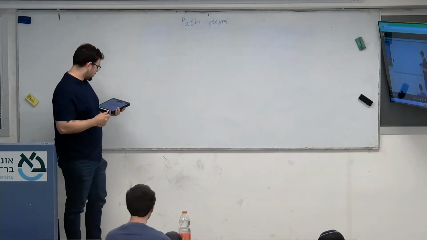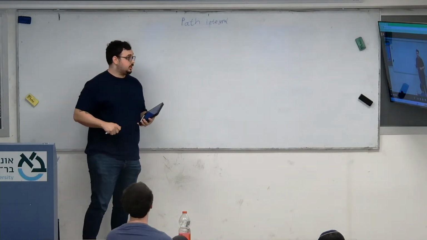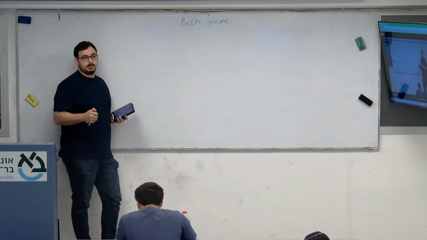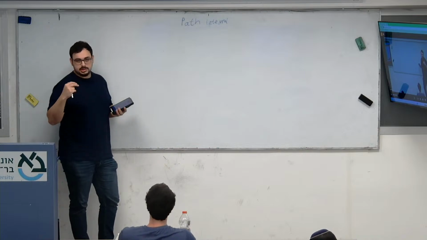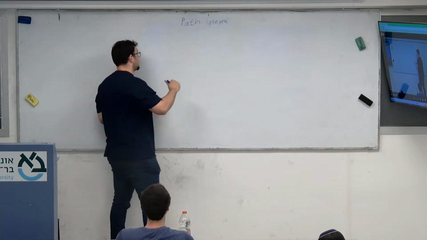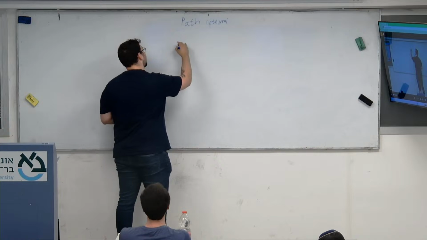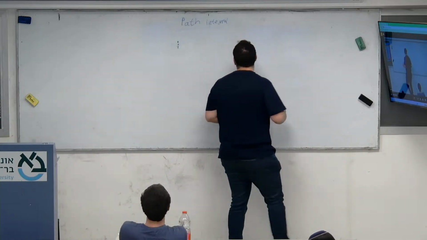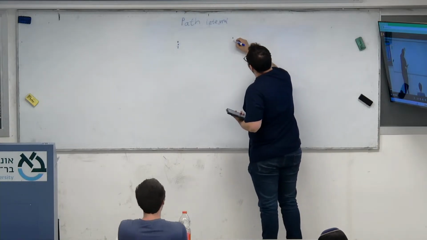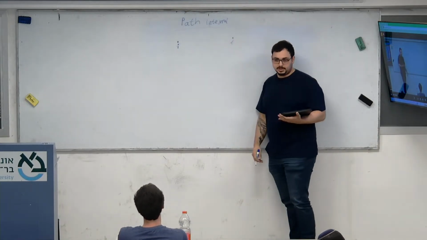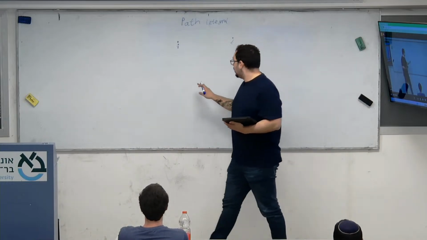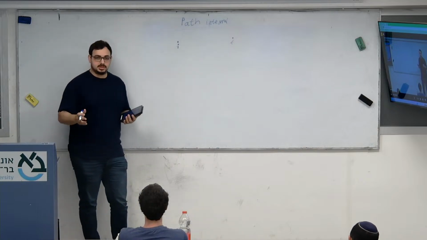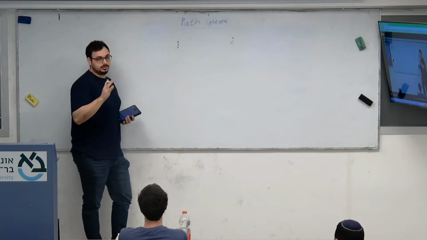Today's lesson will be about path integrals. Let's start with why we even think about it. What's the idea? Let's say we have some sort of particle that starts at some point I and finishes at some point F in space, right? At these two points, the particle location is deterministic, and it's an actual real point.